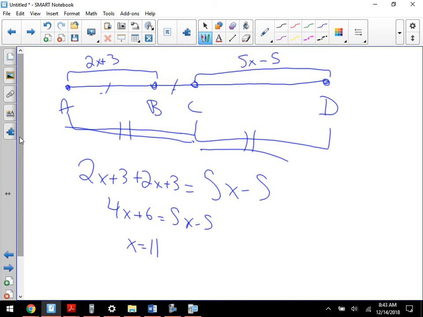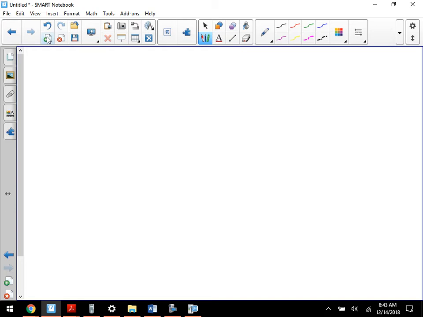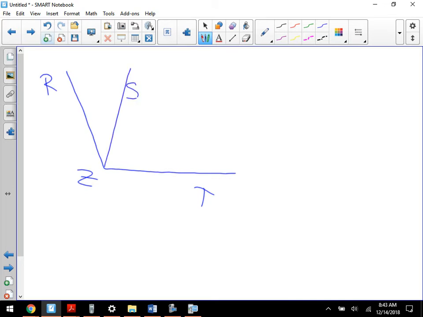Diagram below, angle RZT is 120. Draw the diagram. If the whole thing is 120, RZS is 6x minus 3. SZT is 10x and 5. Well, that's angle addition. Two smaller angles add up to equal the larger. So happens you know what the larger has to equal. It's going to have to add up to equal 120.